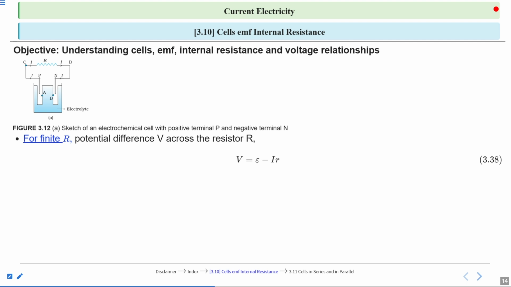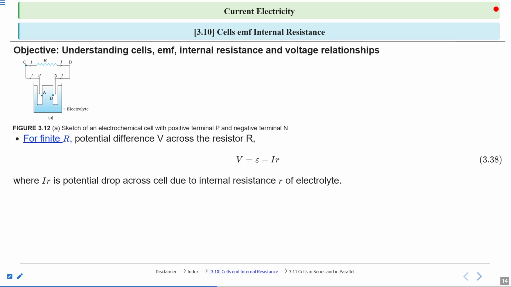So this IR is the potential drop across the two electrodes in the electrolyte of the cell, not in the external circuit. IR is the potential drop across the cell due to the internal resistance r of the electrolyte. So this is the condition now.